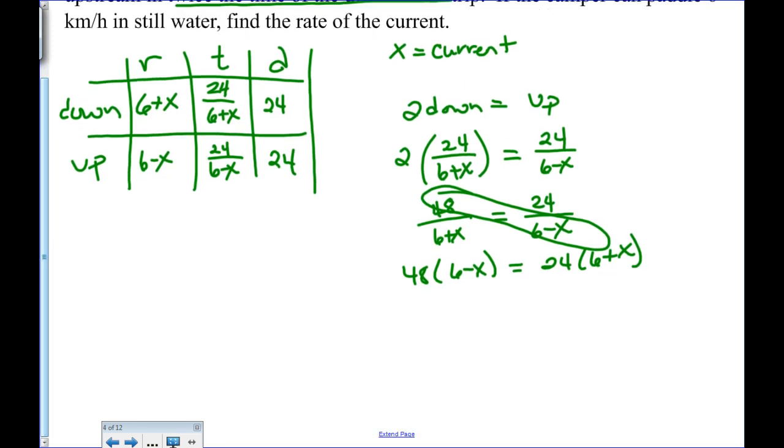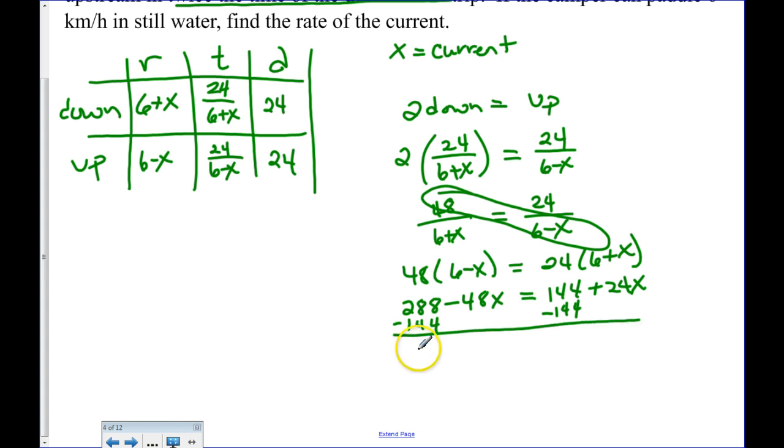All right, so 48 times 6, I think it's 288 minus 48x, and then this is 144 plus 24x. How do I solve for x? So I can subtract 144 from both sides.